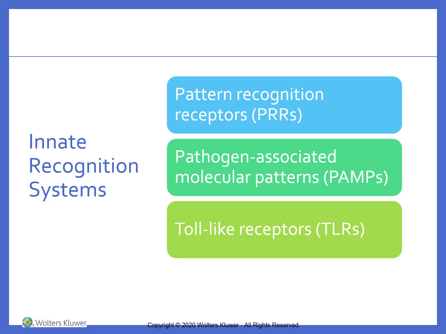When PRRs come in contact with PAMPs, they trigger a pro-inflammatory and antimicrobial response that includes the release of things like cytokines, chemokines, and cell adhesion molecules that start that whole inflammatory and innate immune response. There are also TLRs, or toll-like receptors. TLRs bind to the PAMPs and also play a role in things like wound healing, tissue repair, and tissue regeneration.